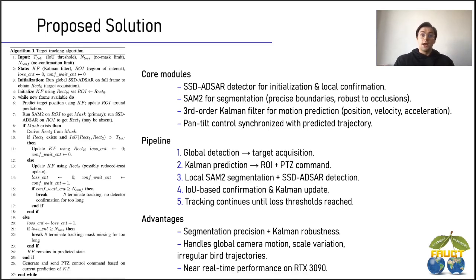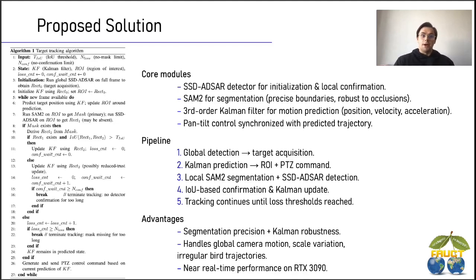The process works as follows. We start with global detection to secure the target. The Kalman filter predicts its next position and defines a region of interest. Inside this region, SAM2 performs segmentation and SSD-ATSAR detects the target again.